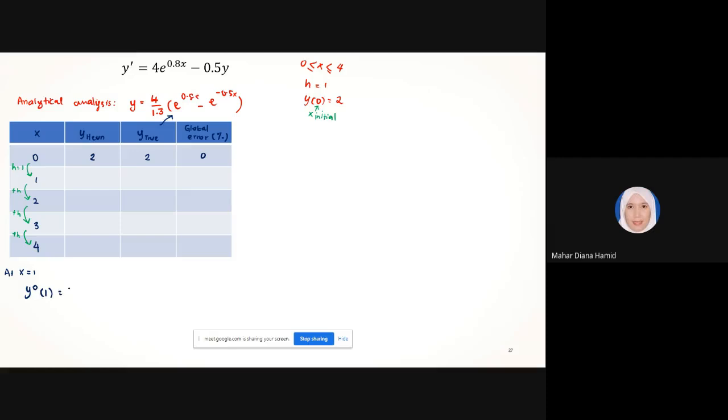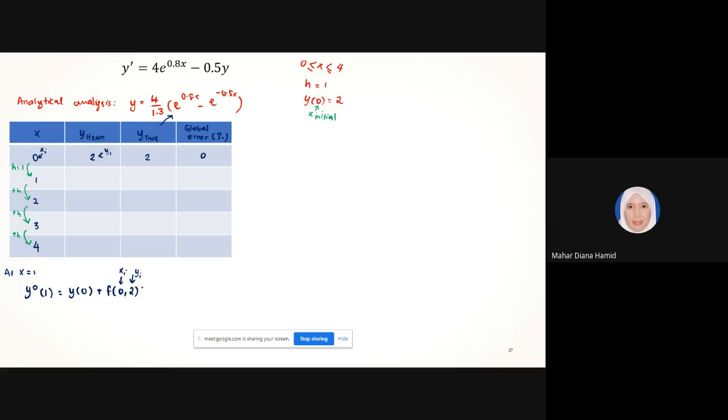1 is actually, if you refer back to the equation, 0 plus f of 0 and 2. So this corresponds to xi and yi. This is xi for 1, and this is yi for HEUN'S.